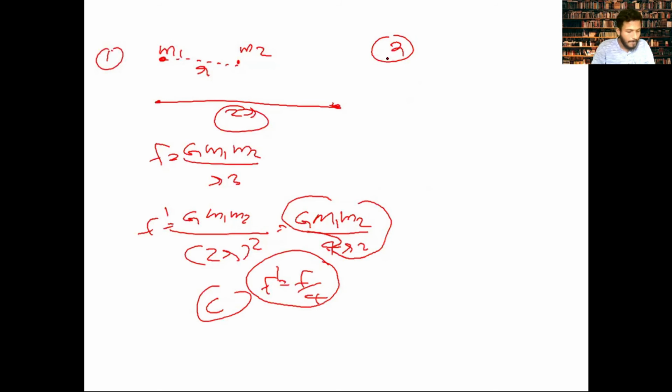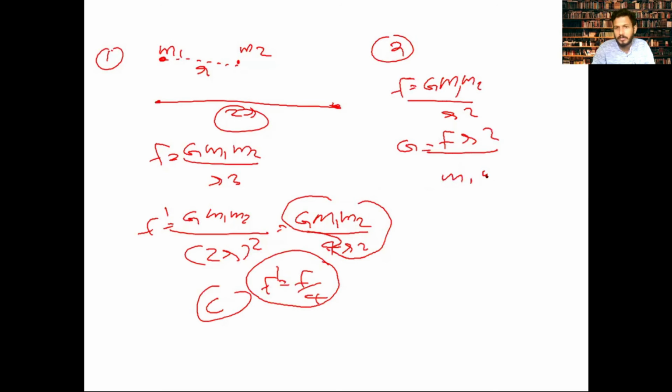Question number 2. The dimensional formula for the gravitational constant. F is equal to G m1 m2 by r square. What is G? We have already discussed it in the content session. G is F r square by m1 m2.